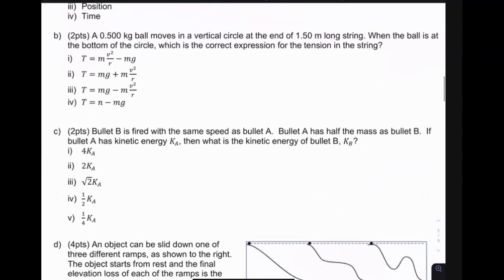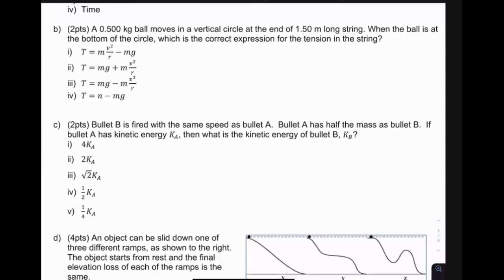Part B, a 0.500 kilogram ball moves in a vertical circle at the end of a 1.50 meter long string. When the ball is at the bottom of the circle, which is the correct expression for the tension in the string?